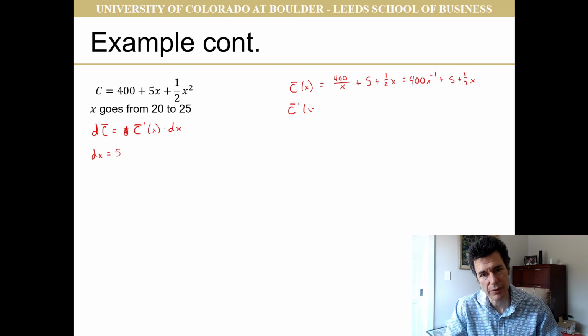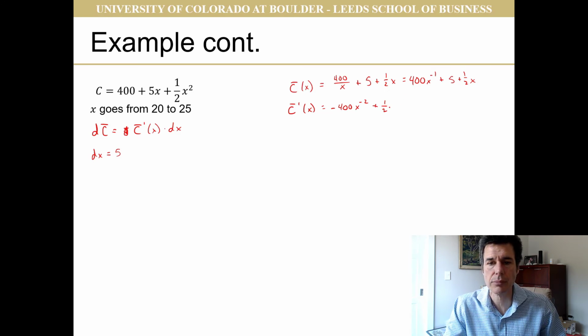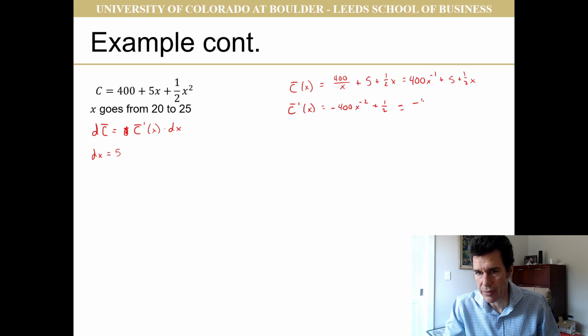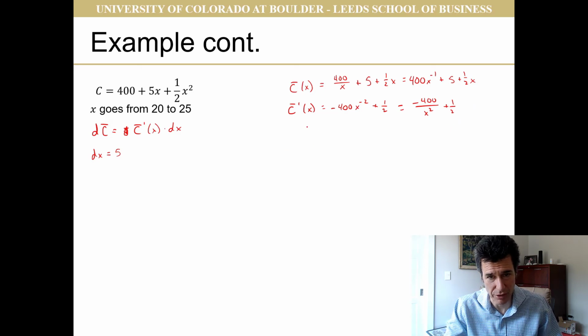The derivative of the average cost is easier like this because everything's in the numerator. Negative 400 x to the minus 2. Derivative of 5 is 0, plus 1/2, which is negative 400 divided by x squared plus 1/2. Okay, so these are my costs, my average cost, the derivative of average cost.